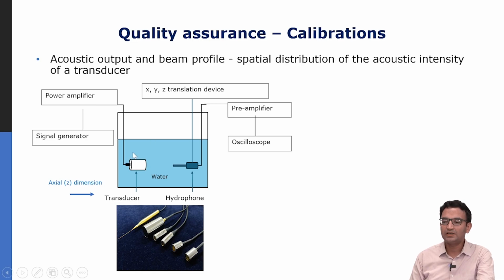And for doing this, we can again use an immersion setup. Using a hydrophone, we can scan the beam, measure the acoustic outputs, get a 3D map of the beam profile, etc. And here are some pictures from our lab where you have some single element transducers, and this is a needle hydrophone. So you put this in the field and you measure the field, and this is one way of quality assurance.